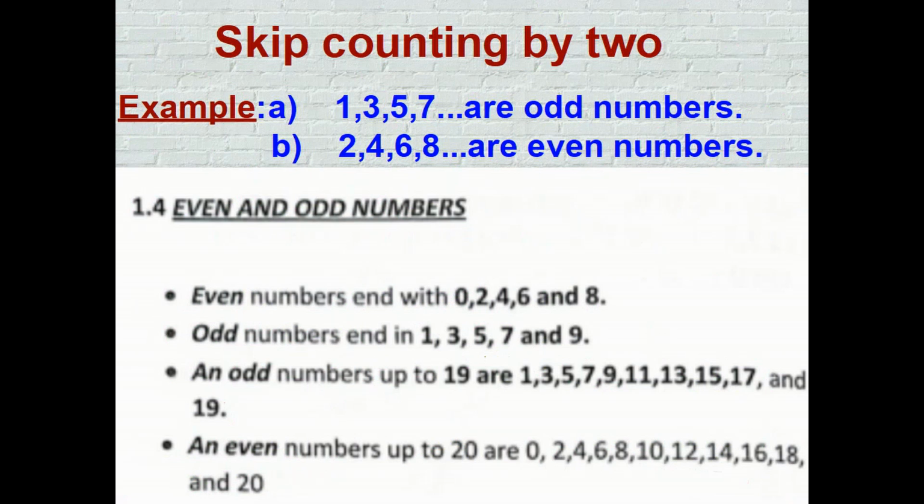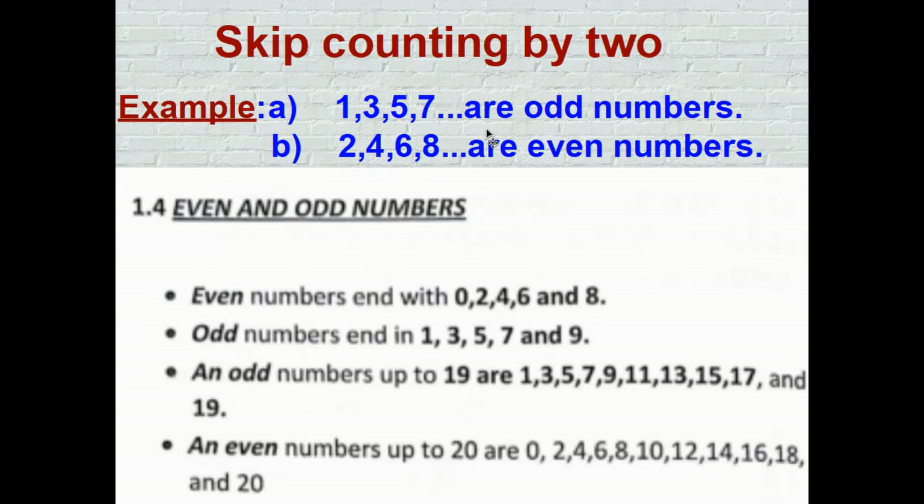As I said before, our objectives are skip counting and comparing. The first one is skip counting. When you say skip counting, it can be by 2, by 3, by 5, by 10. Different skip counting techniques are there. In this case, we only see by 2 and by 5.